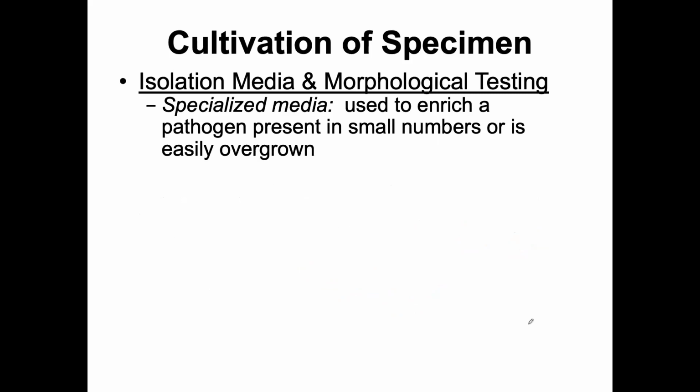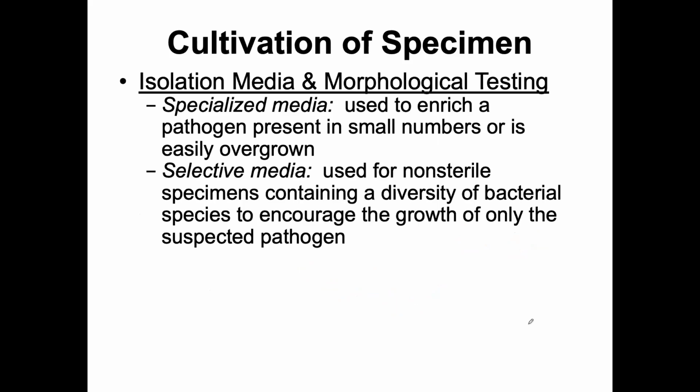In specialized media, we can enrich for a particular pathogen, even if it's there in small numbers, or if it gets easily overgrown by other bacteria. In selective media, we have non-sterile specimens that have a lot of different bacteria in them, and this encourages the growth of only the pathogen, okay, and suppresses everything else.